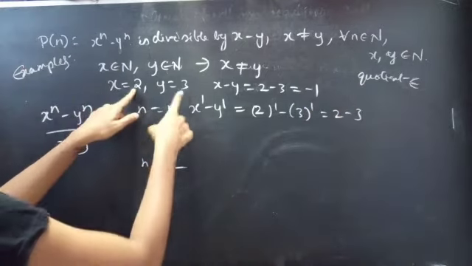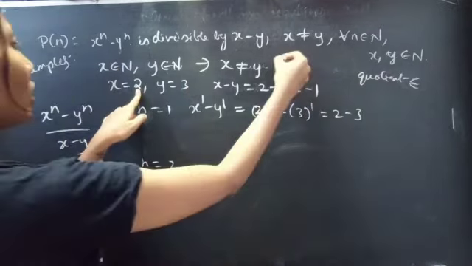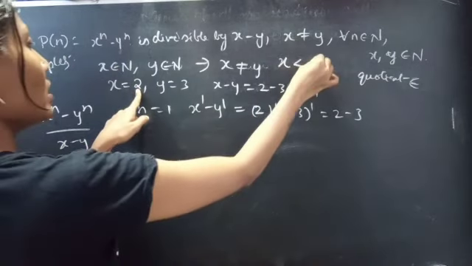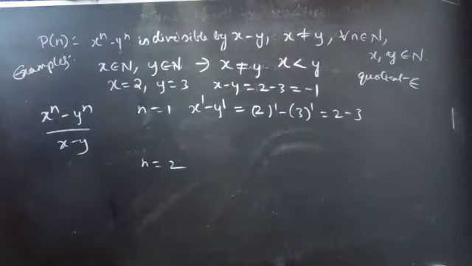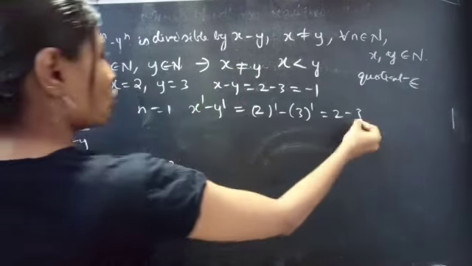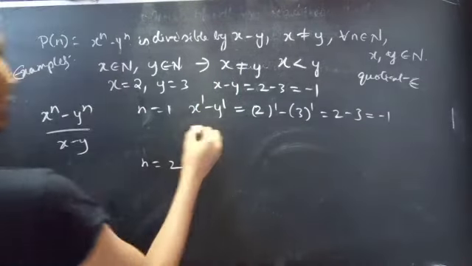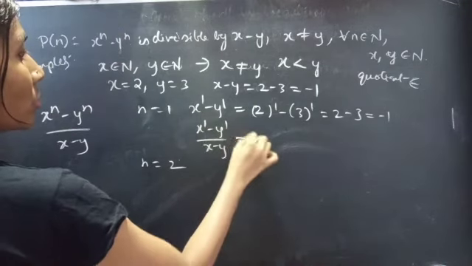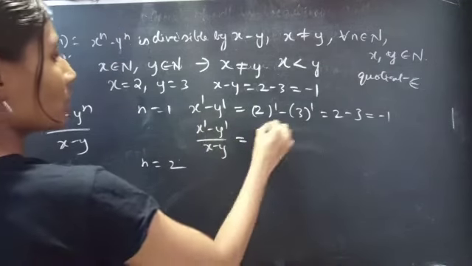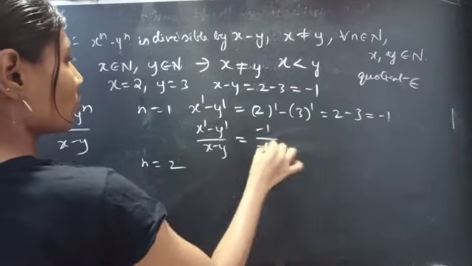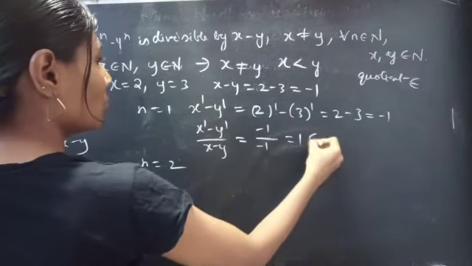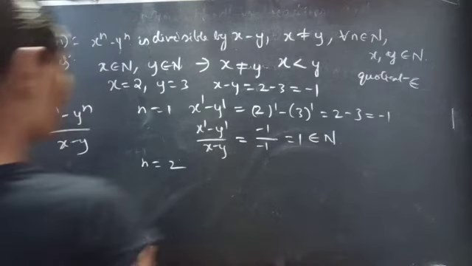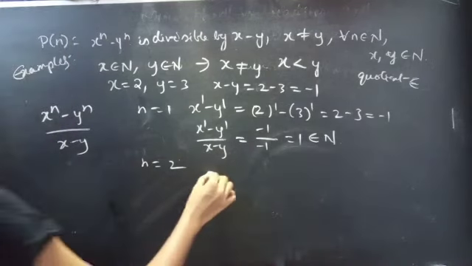Here x is 2 and y is 3, which is x less than y. In this case 2 minus 3 equals minus 1. Then (x^1 - y^1)/(x - y) is minus 1 by minus 1, which equals 1, right? It belongs to natural numbers.